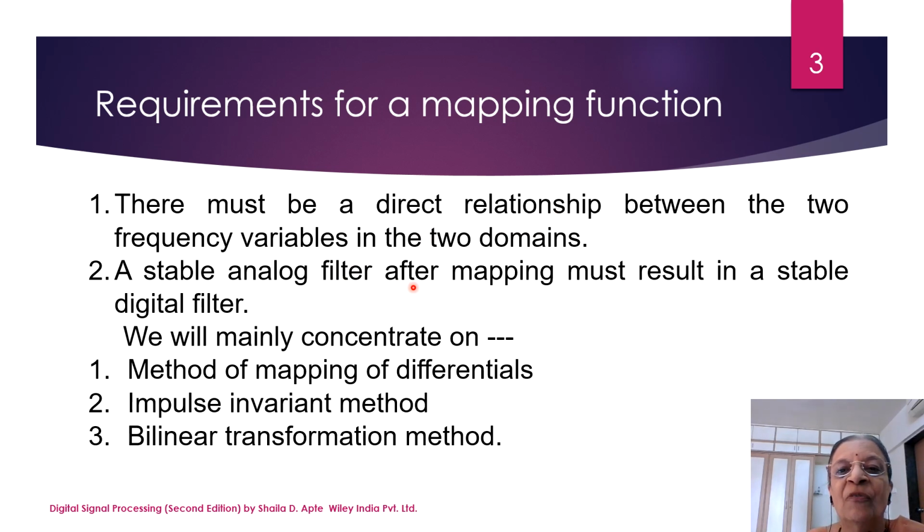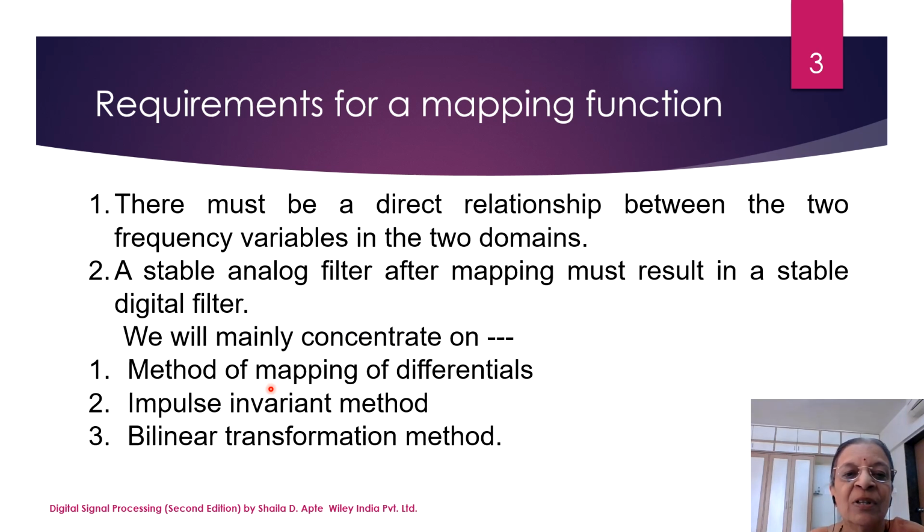A stable analog filter after mapping must result in a stable digital filter. Otherwise, it is of no use if the digital design becomes unstable. And the second thing is, whatever the impulse response of the filter in analog domain is, it should be the same as the impulse response of the filter in digital domain.